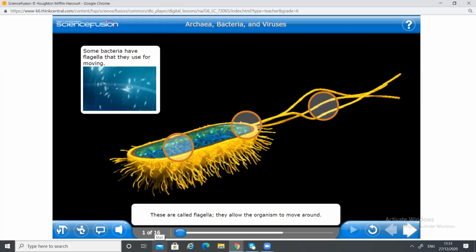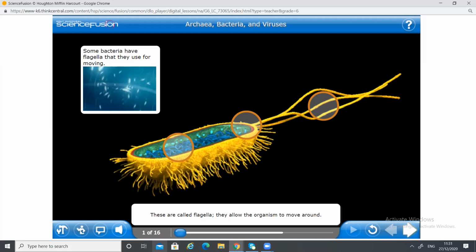Now, girls, they are asking a question: in these single-cell organisms, where is the DNA? Is it in the cytoplasm or in the nucleus? DNA, where is it located? Nucleus.